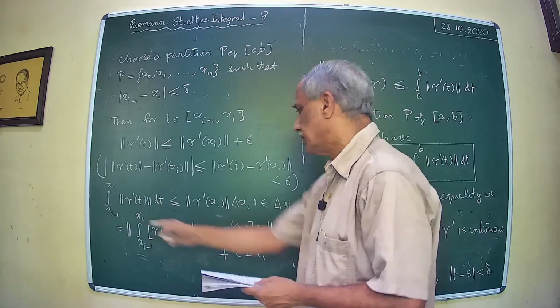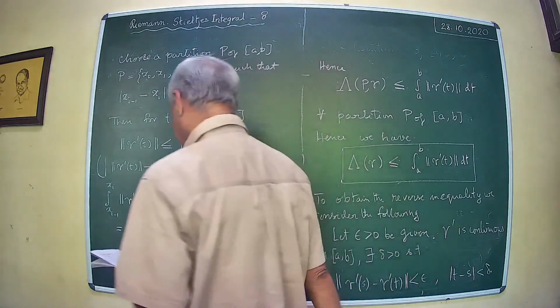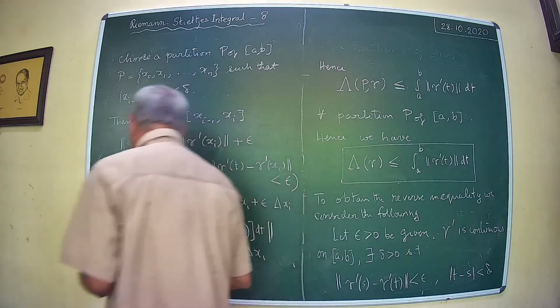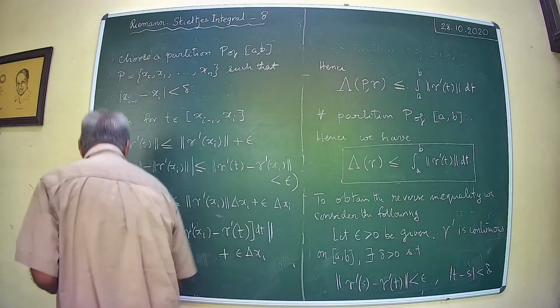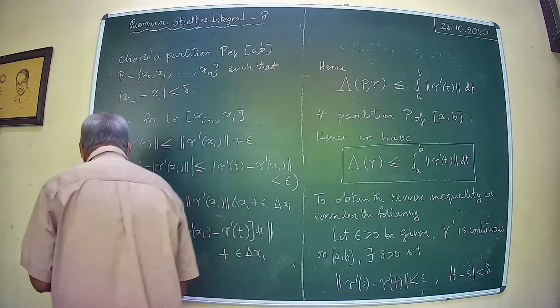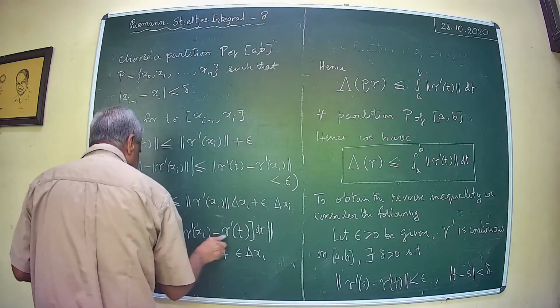Now I estimate this part. If I estimate this part, this is less than or equal to the norm of, I split this into two parts.